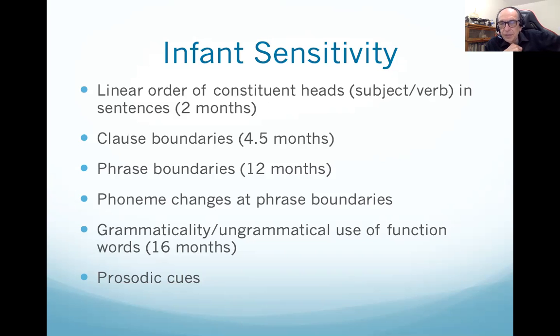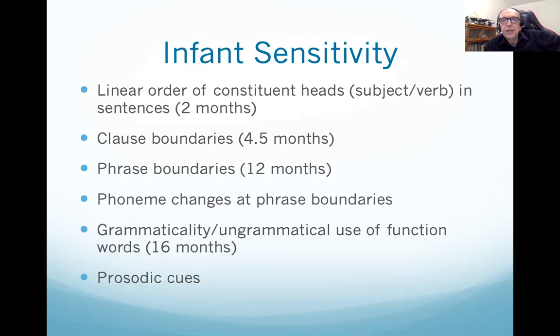Within these clauses, there are phrases, aren't there? There's the noun phrase subject in each, and the verb phrase predicate. There is the object of the verb and a possible complement. At 12 months, kids are sensitive to phrase boundaries.